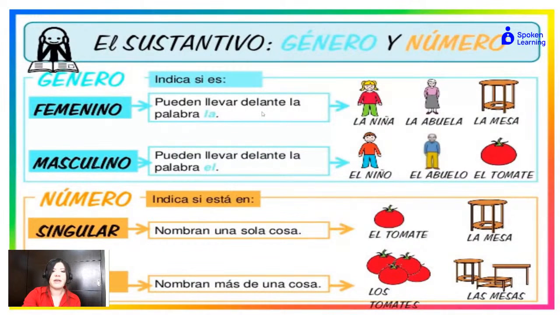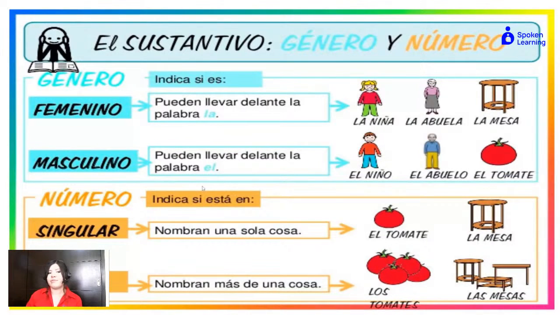Por ejemplo, es la niña, la abuela o la mesa. So in Spanish we can identify if a word is masculine or feminine with a complement, que puede ser la for feminine or el for masculine. Entonces, en masculino tenemos los ejemplos de el niño, el abuelo, el tomate.